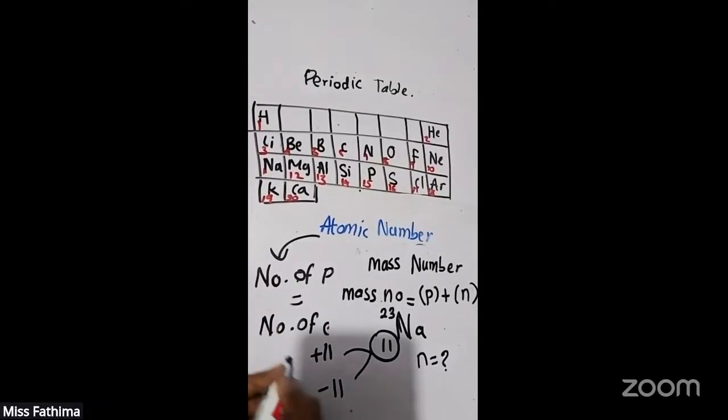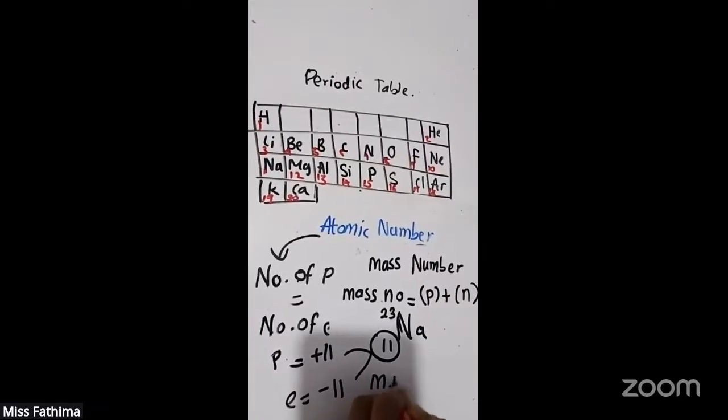So with that idea, you found the number of protons present in the atom and the number of electrons present in the atom. Now get into this equation. What is the equation? Mass number equals number of protons plus number of neutrons. Mass number they will already give you, which is 23, equals number of protons, which is 11, plus n.